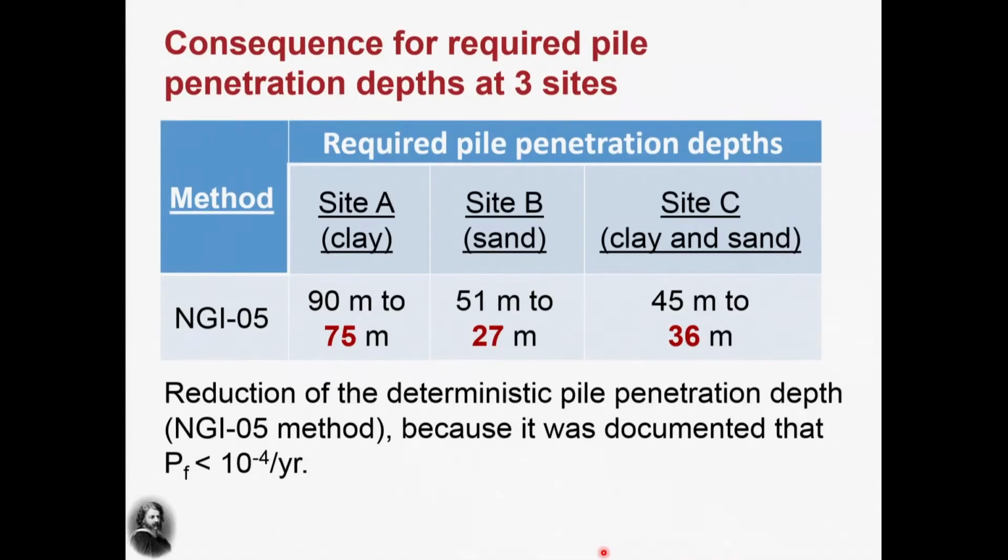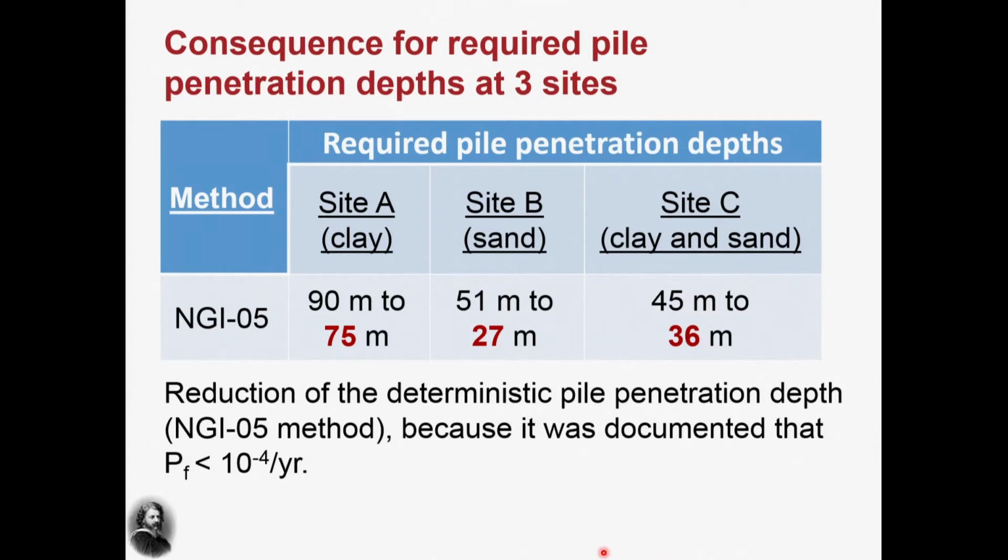Now, I skipped many calculations, and we also calibrated what the safety factor should be, which is, we're doing some work in trying to change the codes, but I'm skipping that. But here I want to show you the consequences for the company Statoil, that they decided to use a probabilistic method to design rather than the deterministic one. And for site A on clay, the pile penetration depth could be reduced from 90 to 75 meters. For site B, from 51 to 27 meters.